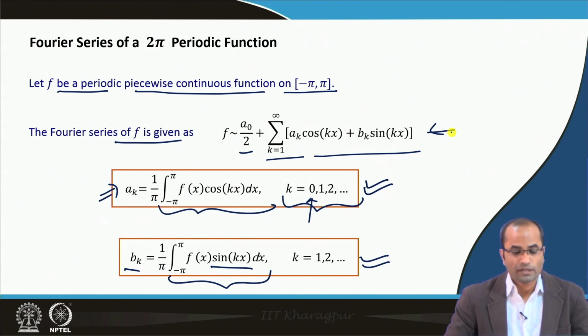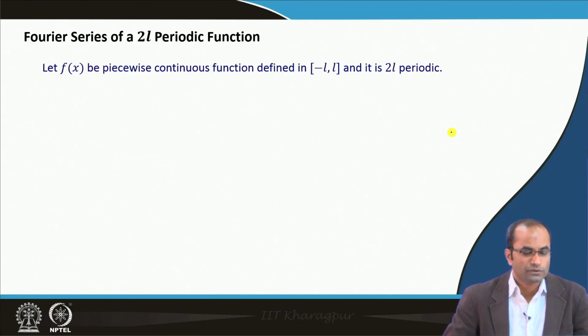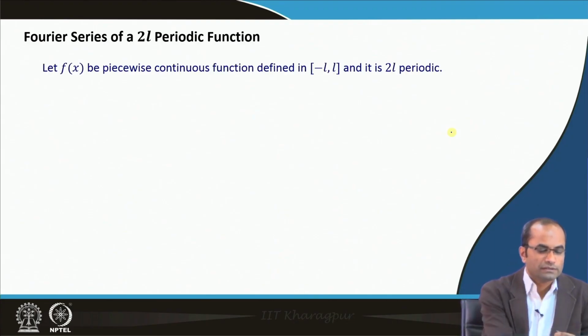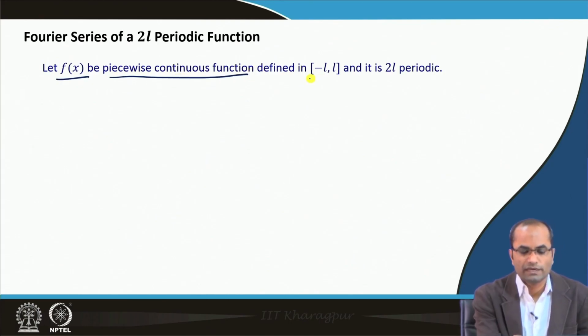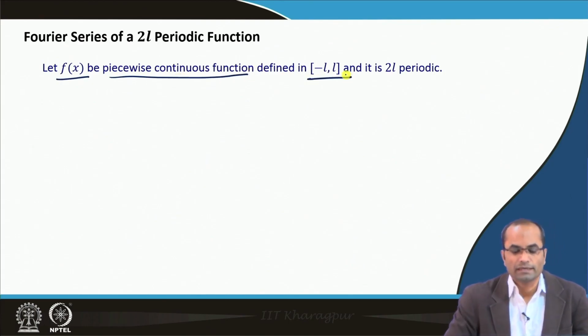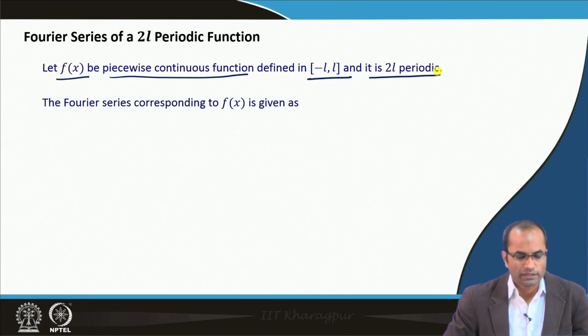which is 2L periodic, in previous lectures. So, for the 2L periodic function, let us suppose this f(x) is a piecewise continuous function defined in this interval minus L to L or from 0 to 2L, whichever way, and it is supposed to be 2L periodic.